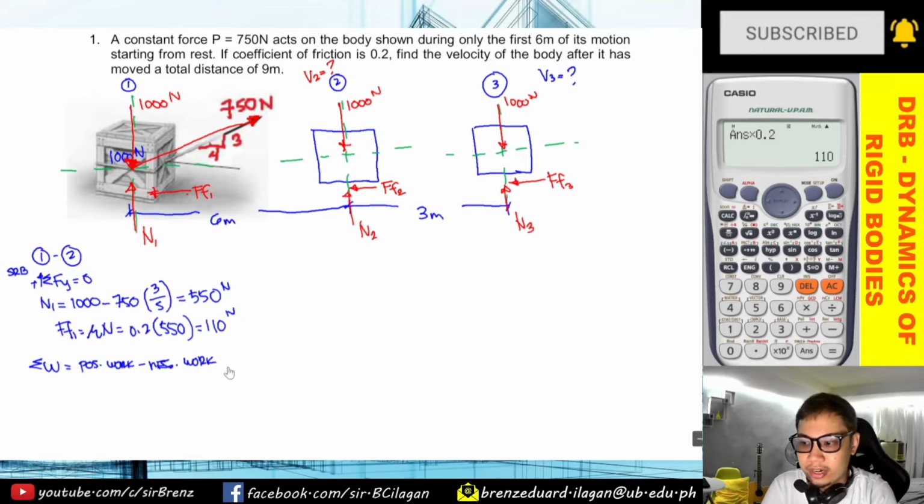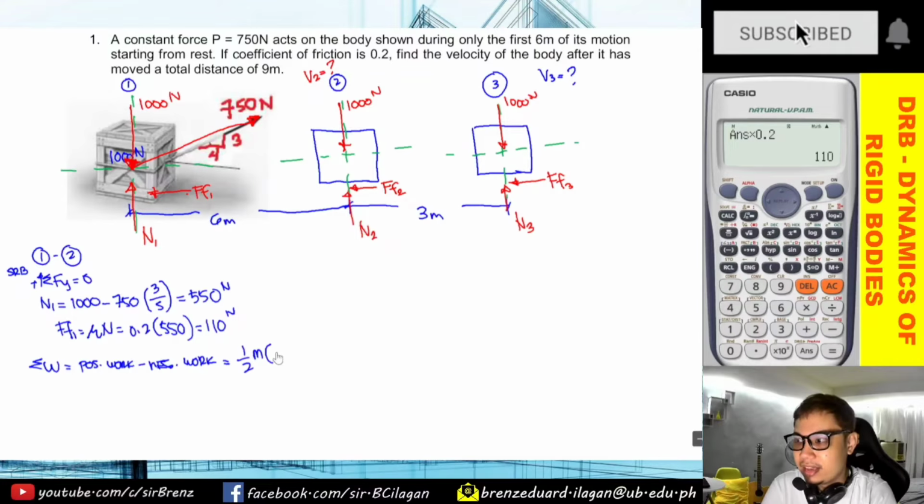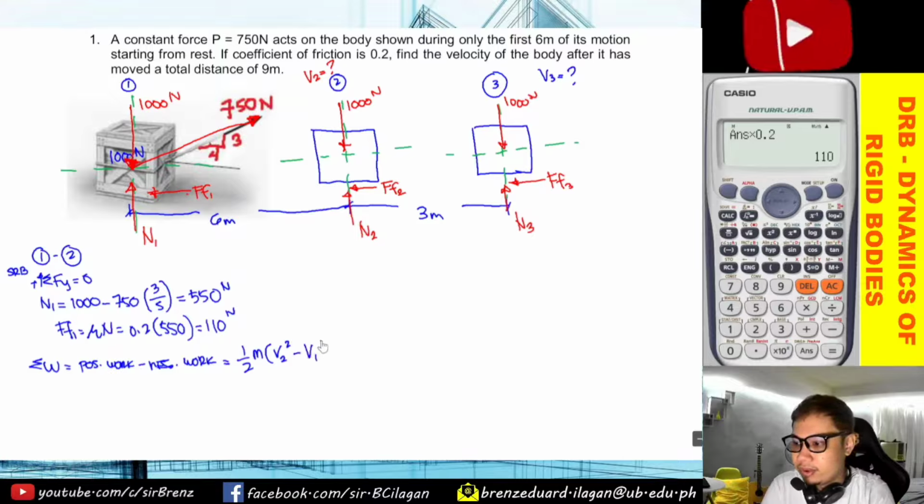So, ito yung sa work. And then, para sa kinetic energy, di ba 1/2 of the mass times V sub 2 squared, or yung velocity after 6 meters travel. Naka-squared, don't forget squared, and then V1 squared.